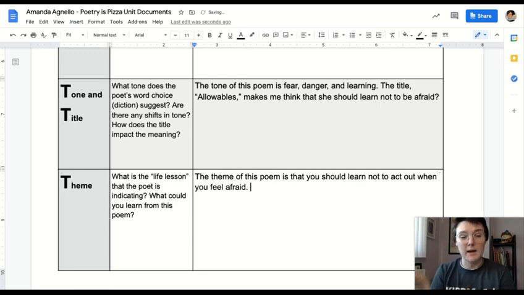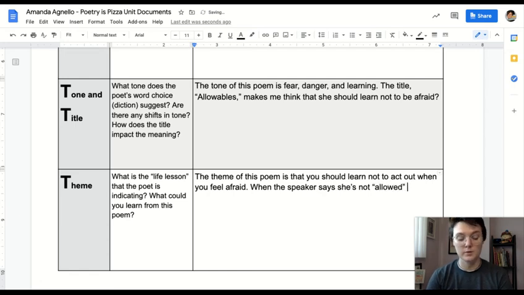So now I want to make this an ACE paragraph. So that's my assertion. I need my citation, so I need some evidence. Okay, so the poet says she's not allowed. When the speaker says she is not allowed to kill something, she shows, I felt like she felt kind of regretful.